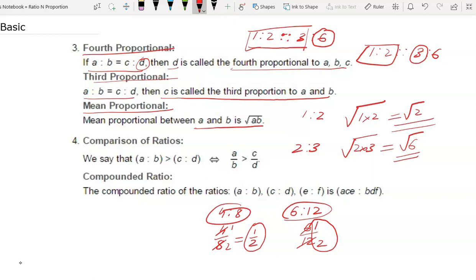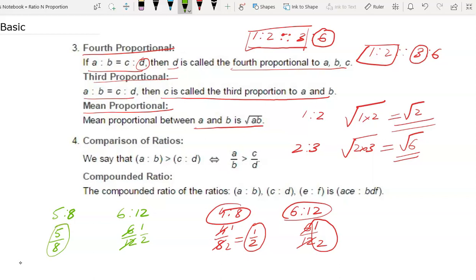Now if we take a second example, let's say we have 5 is to 8 and we have 6 is to 12. Now this is 5 is to 8 and this is 6 by 12. Now we can cut this by 6. 6 ones are 6 and 6 twos are 12.